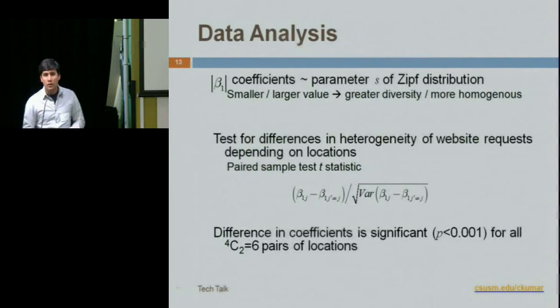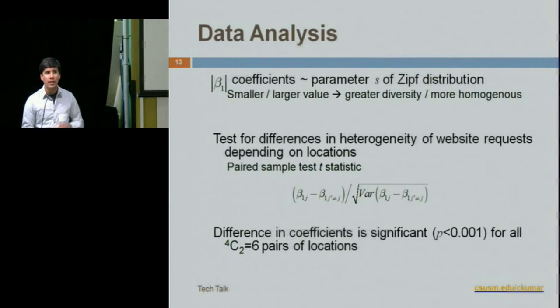Going back to our earlier discussion, remember that the absolute value of beta is nothing but the characterizing exponent s of the Zipf distribution, which shows you the steepness of the curve. We employed a paired sample t-test statistic and confirmed that the difference in coefficient is indeed significant for each of the 6 pairs of locations.